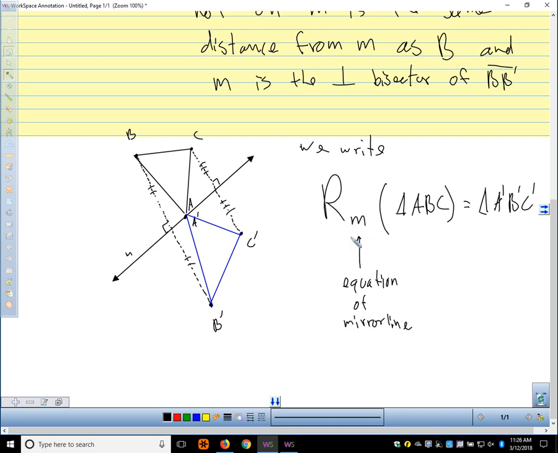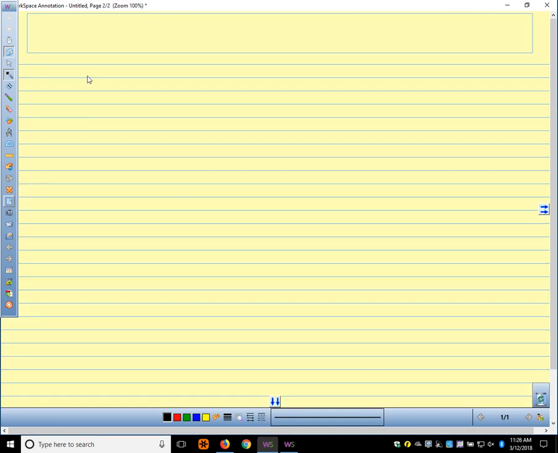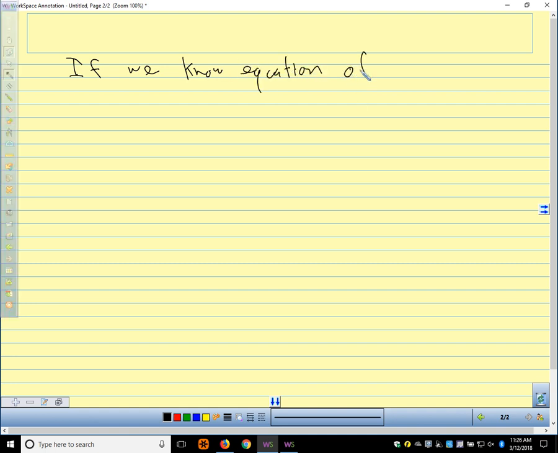And if we know the equation of the line, I'm going to switch pages here. If we know the equation of M, we can write the reflection over the line y equals x, for example. Or we could write the reflection over the x-axis.